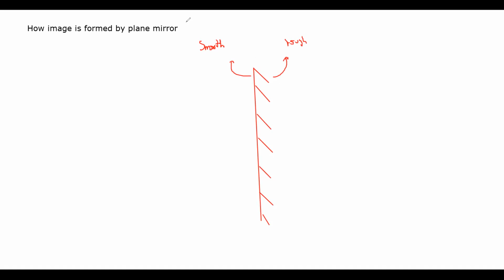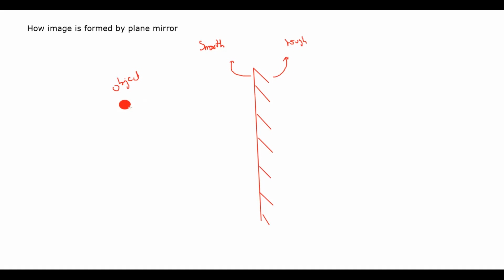Now what happens if we place an object in front of the mirror? How can we explain how we are able to see this object? This is an object placed in front of the mirror. Yes, with the help of light we are able to see this object, but using reflection, how can we explain it?